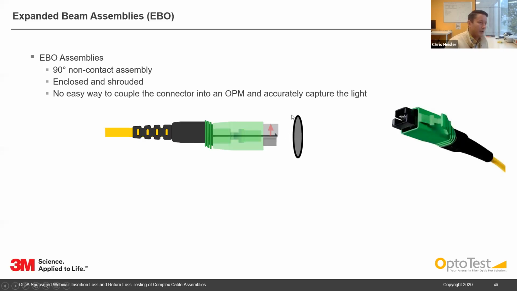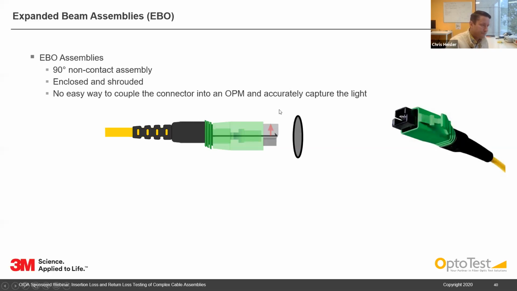However, for these EBO connectors, these are a 90-degree assembly, so the light comes out from the ferrule at a 90-degree angle. You can't put a detector in front of it and measure the light. Also, the ferrule is recessed inside this connector here, so getting a detector in here to measure light directly is very difficult.